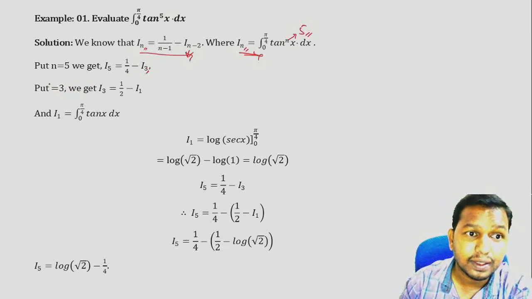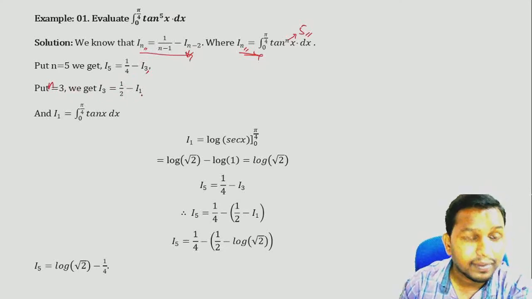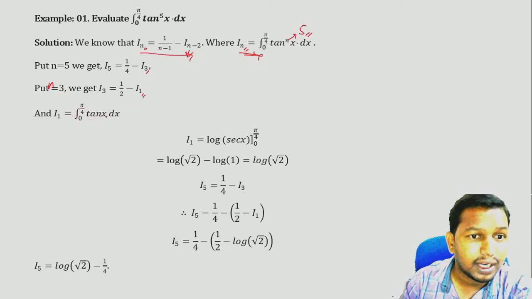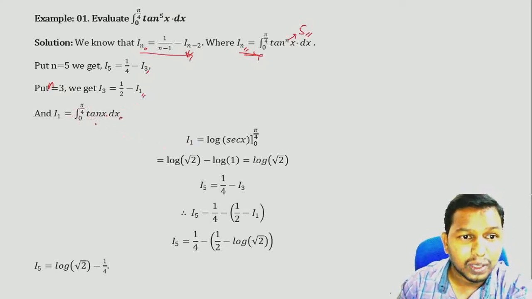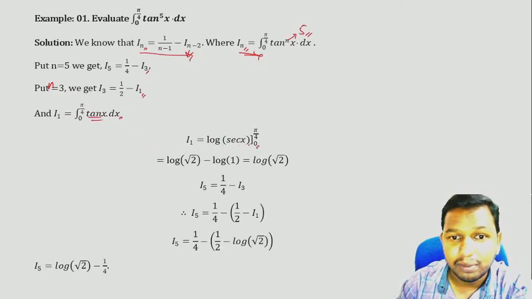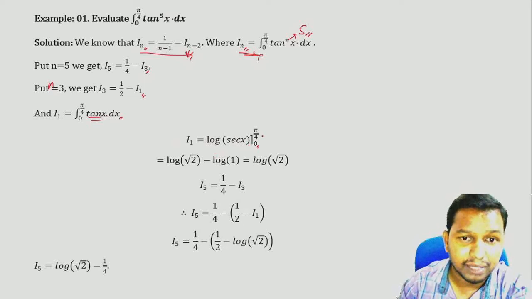Next, put n is equal to 3. We get I3 is equal to 1 by 2 minus I1. And I1 is nothing but integral from 0 to pi by 4 tan x dx. So I1 is equal to integral of tan function is log of secant x from integral values 0 to pi by 4.